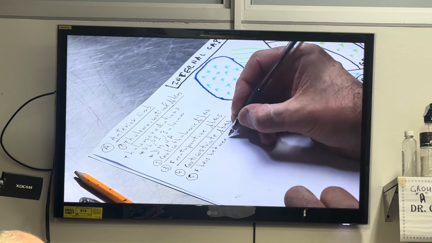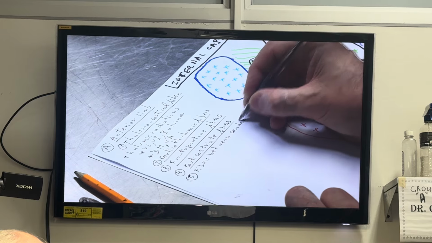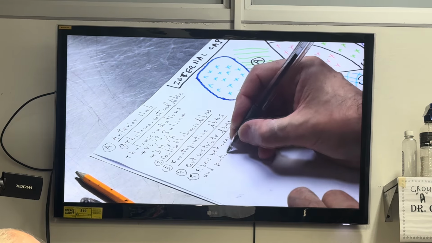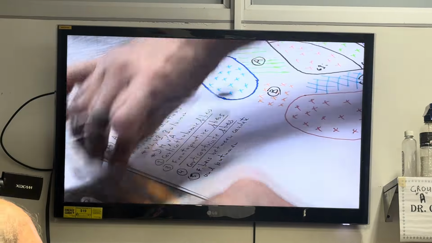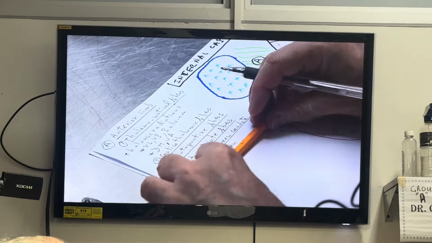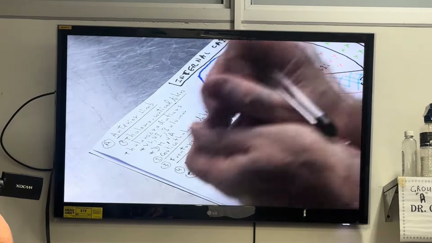So they don't get a name. The caudate putamen fibers. Is it okay?